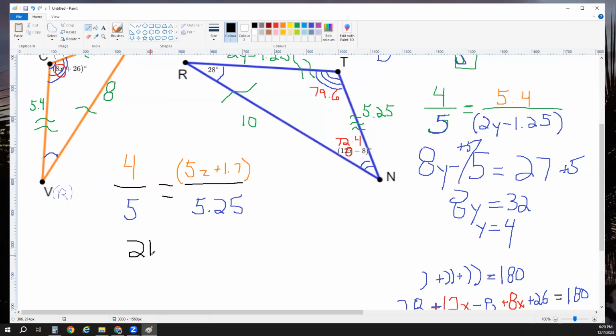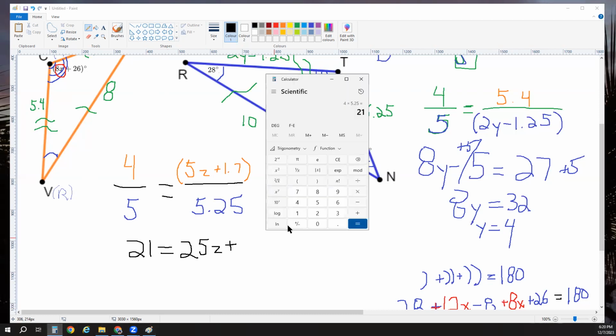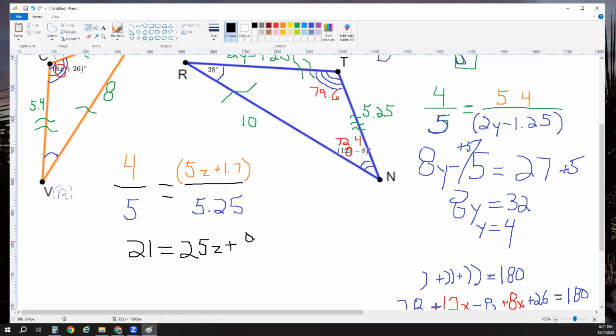21 equals 25z, because 5 times 5z is 25z, plus 5 times 1.7. That's 8.5.